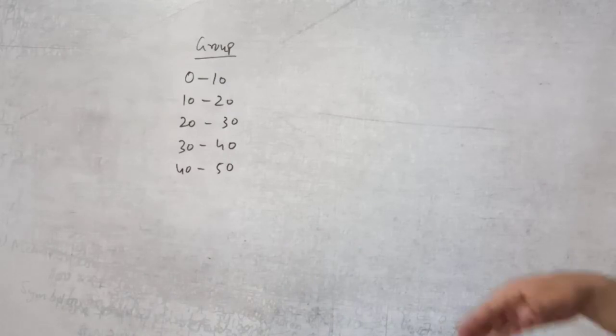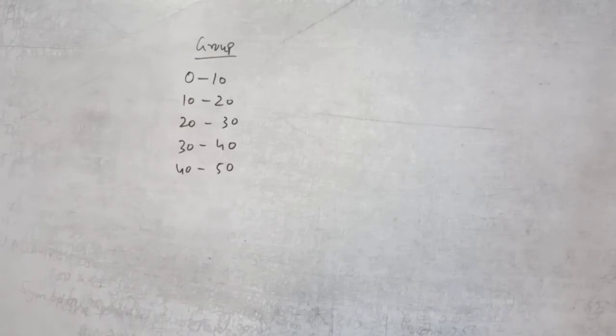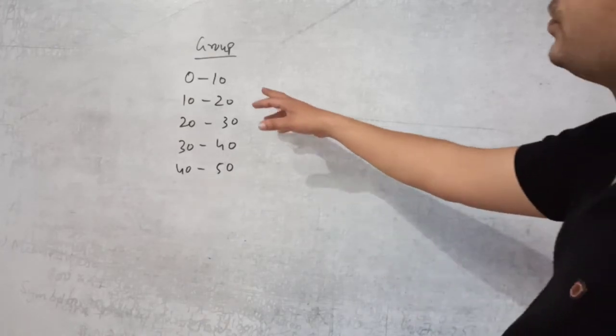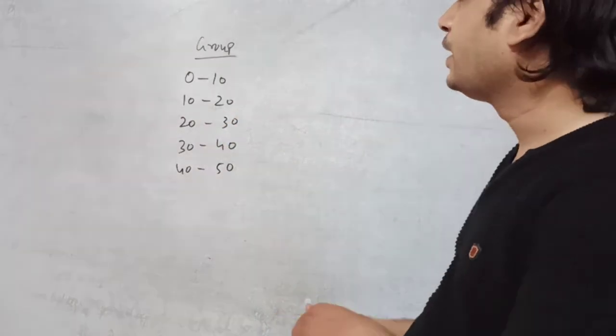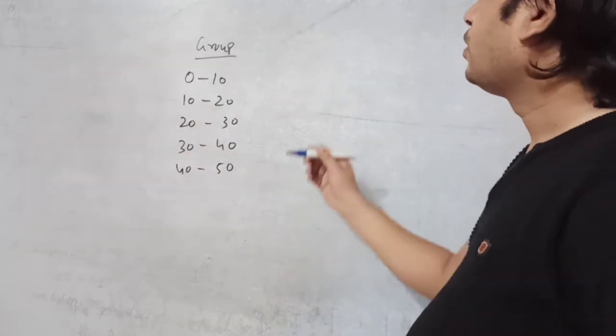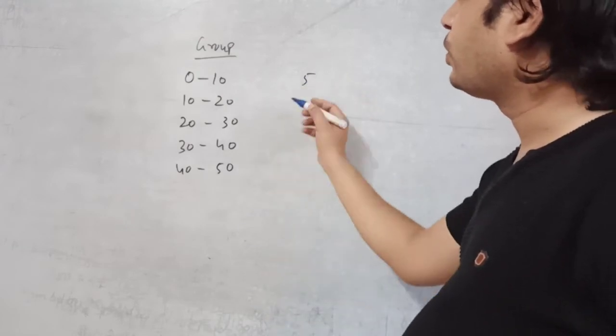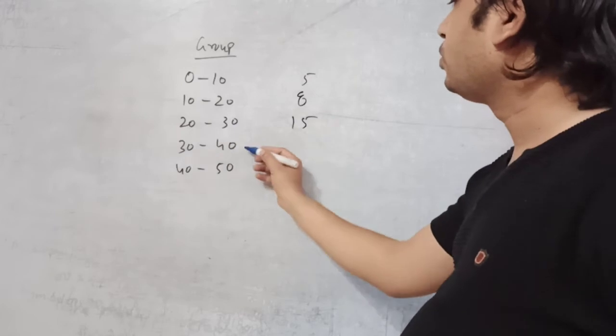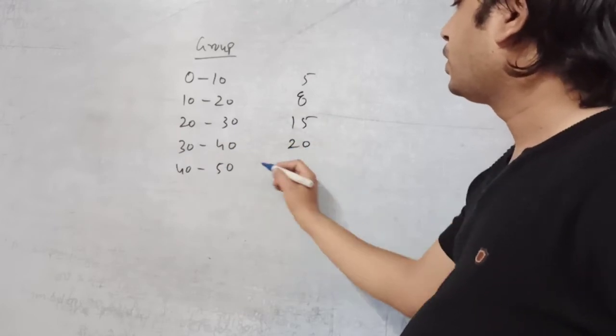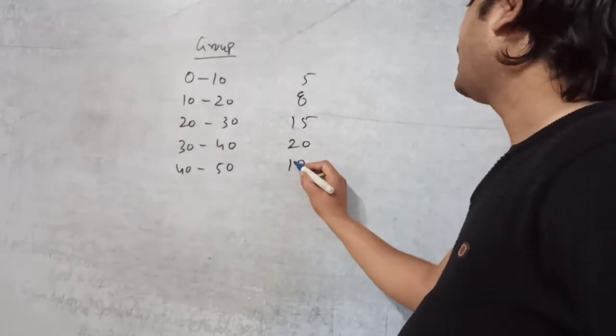In that test, it is a 50 marks paper. So here we will write from 0 to 10 how many students are there, from 10 to 20 how many students are there. From 0 to 10, only 5 students are getting the marks. Okay, 10 to 20, 8 are there, 20 to 30, 15 are there, 30 to 40, 20 are there, and 40 to 50, how many? 10 only students are there.